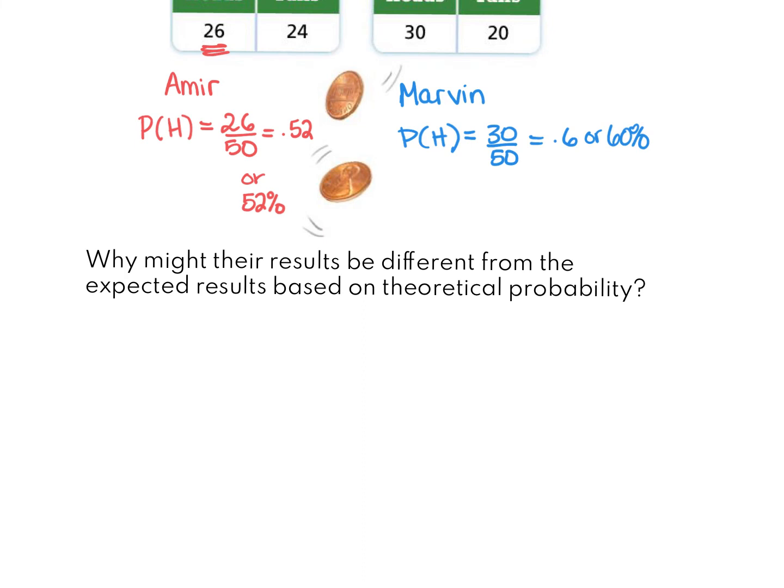So theoretical probability is used to estimate it. It does not guarantee results. And these are close. So I just want you to make a note here that theoretical probability is used to estimate or predict what is going to happen.